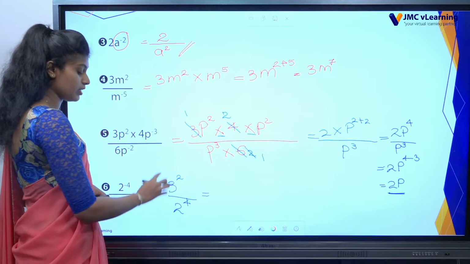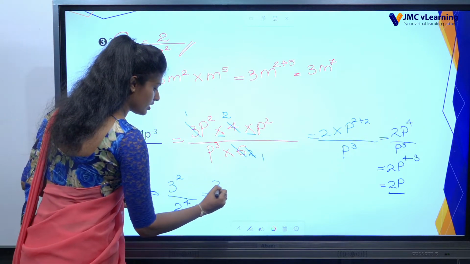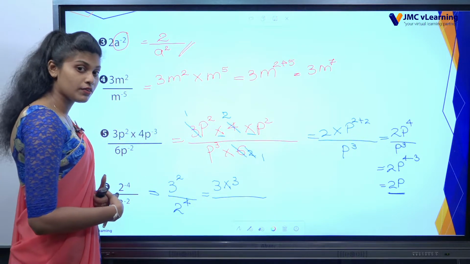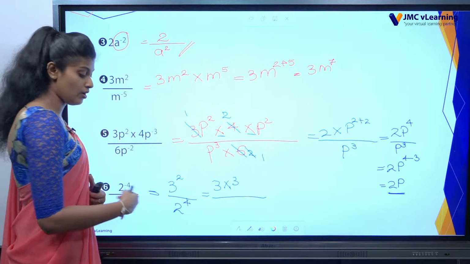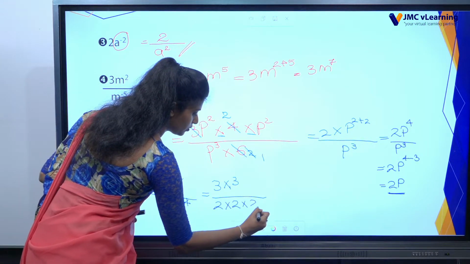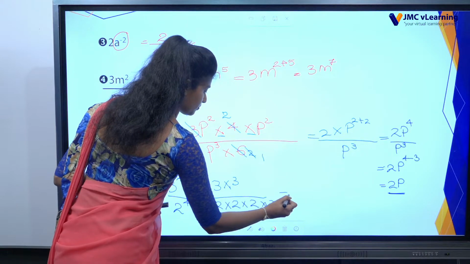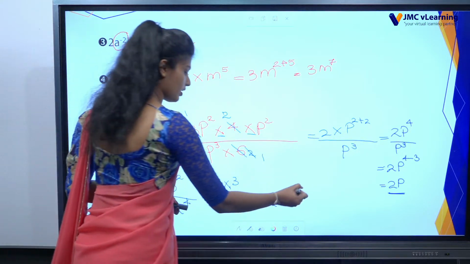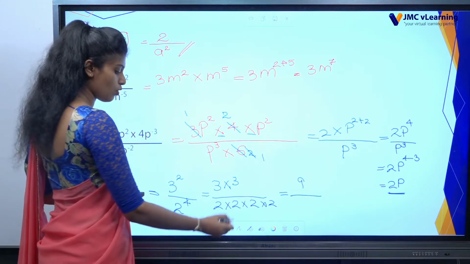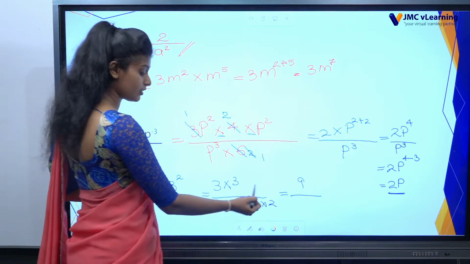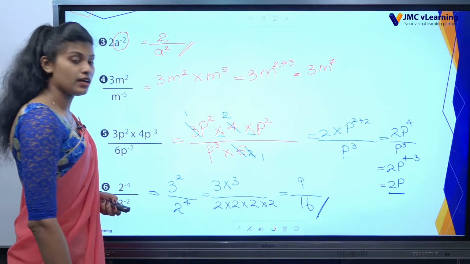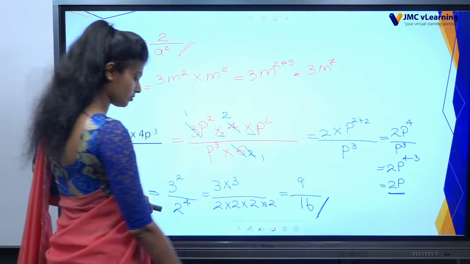Let's simplify. Here 3 to the power 2 means 3 into 3. What is the meaning of 2 to the power 4? 2 you should multiply 4 times: 2 into 2 into 2 into 2. 3 into 3, 9. Then 2 into 2, 4. 4 into 2, 8. 8 into 2, 16. Then answer is 9 over 16.